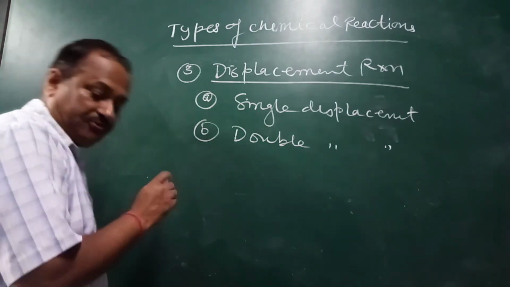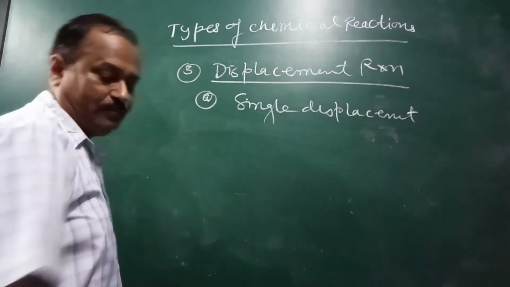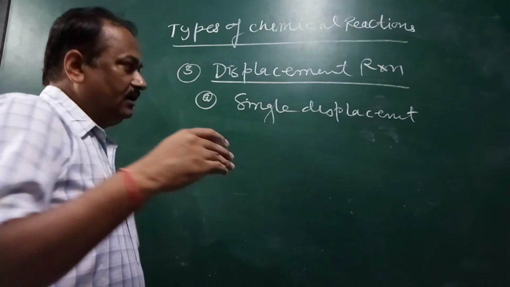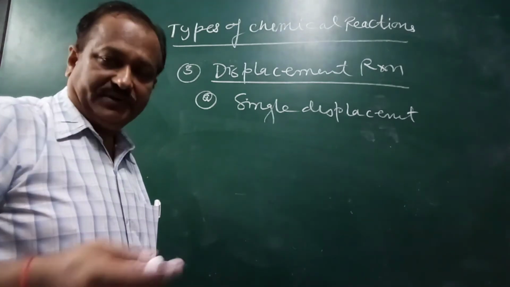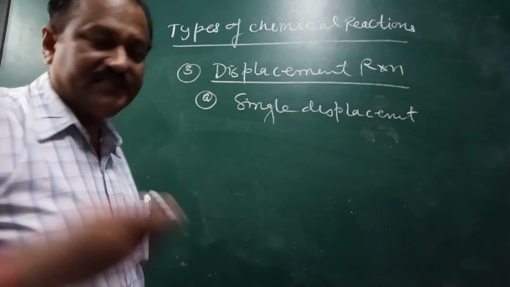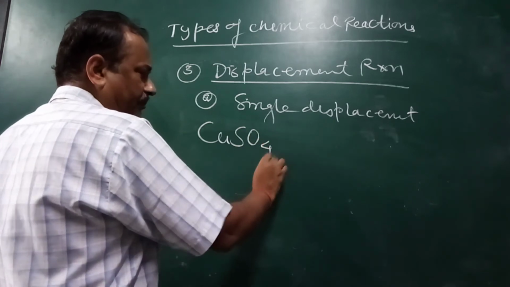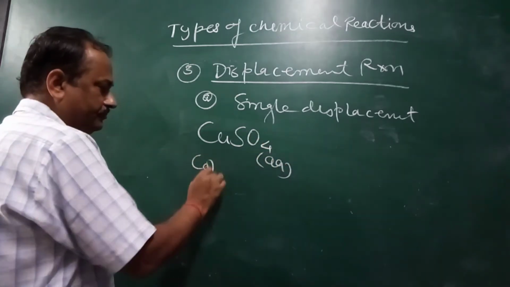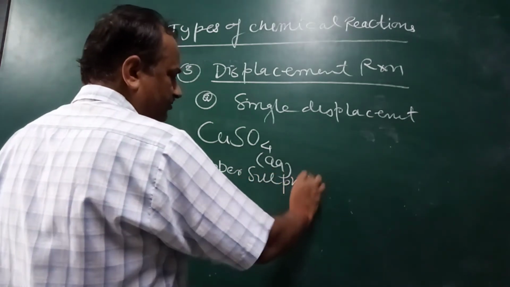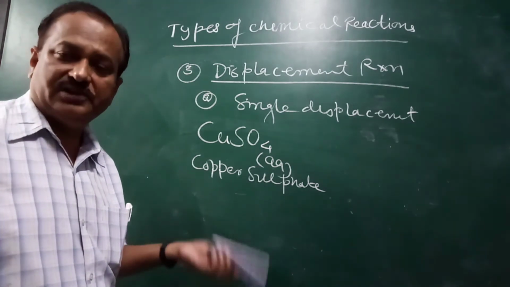First we'll see single displacement. A reaction is said to be single displacement when we take some substances out of which one is more active and the other is less active. Like the example of copper sulfate, aqueous, meaning solution in water.